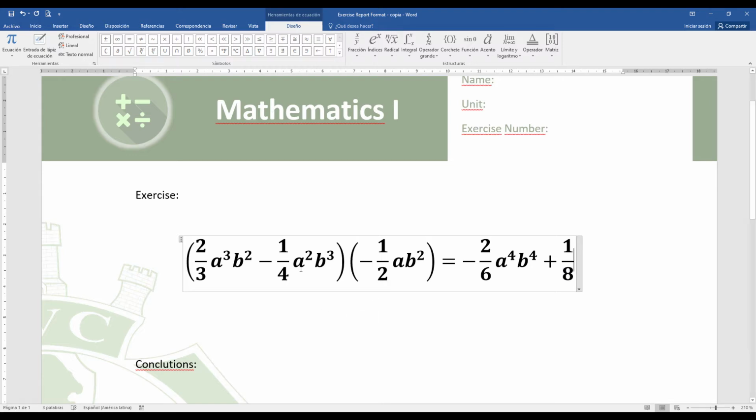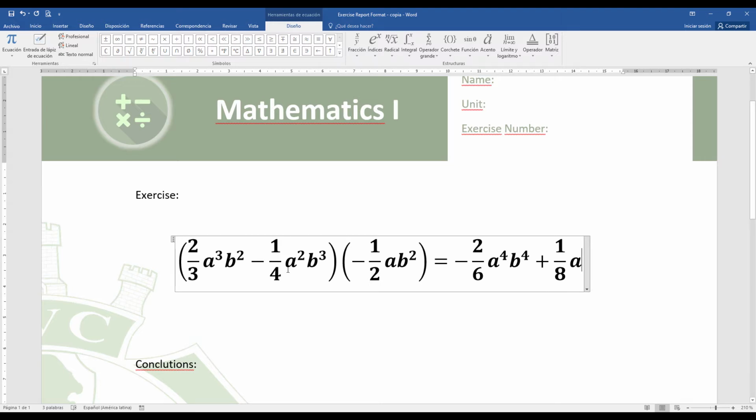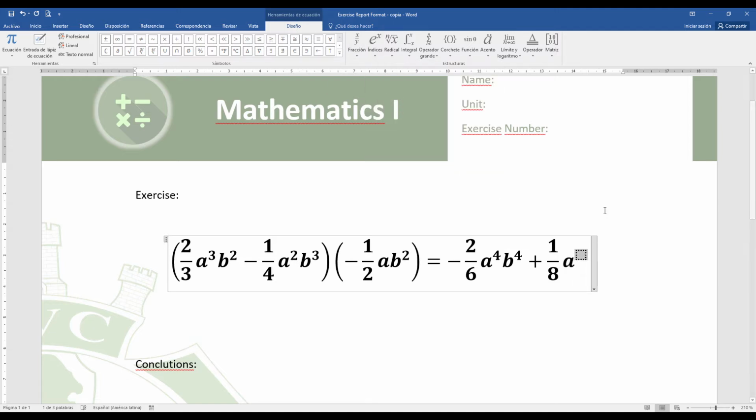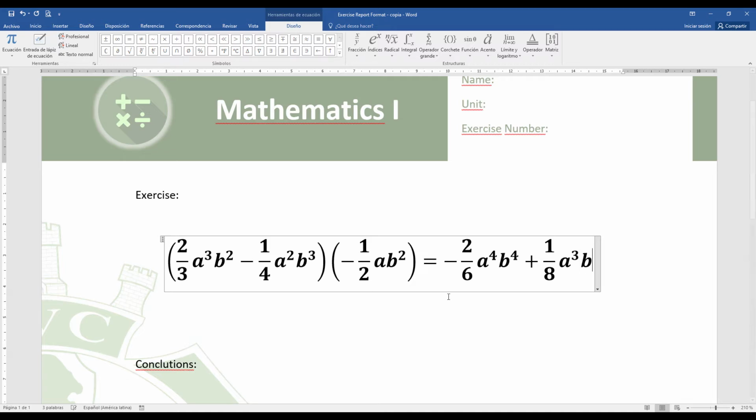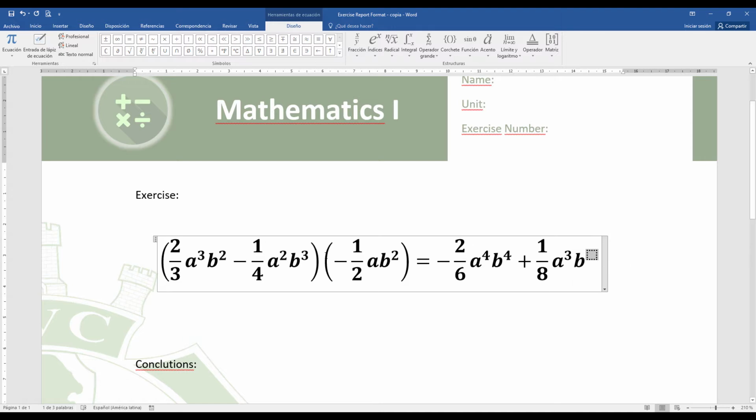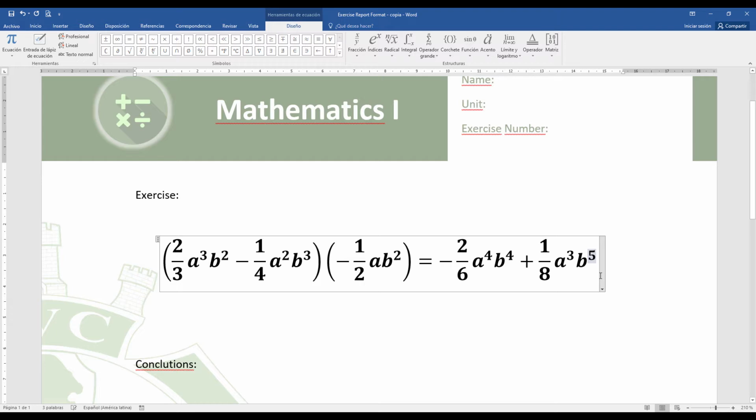And again the variables here: a squared times a, 2 plus 1 is equal to a cubed. And b cubed times b squared, b raised to 3 plus 2, the 5th power.